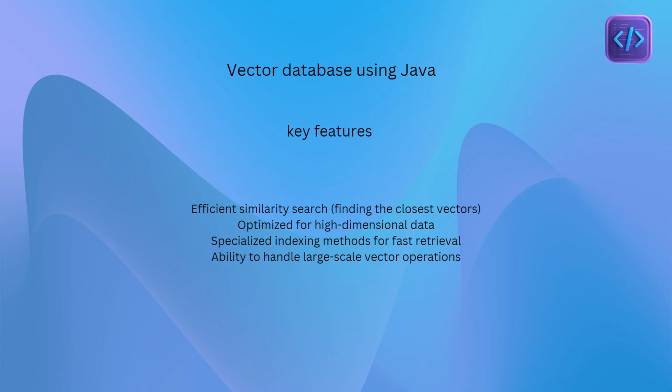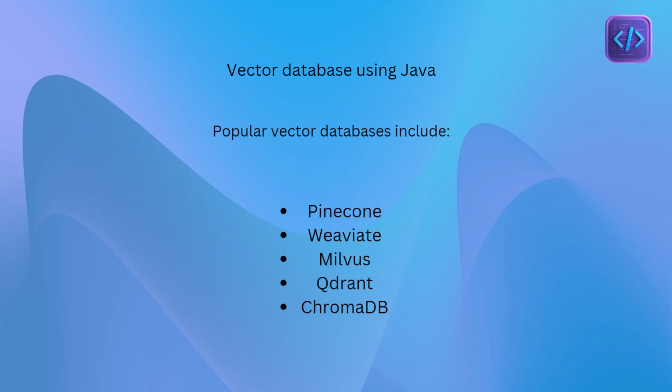It is optimized for high dimensional data, with specialized indexing methods for fast retrieval, and the ability to handle large scale vector operations. Popular vector databases include Pinecone, Weaviate, Milvus, Qdrant, and ChromaDB.